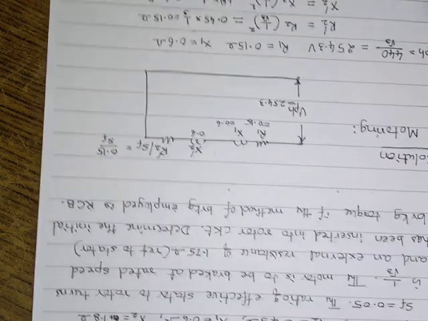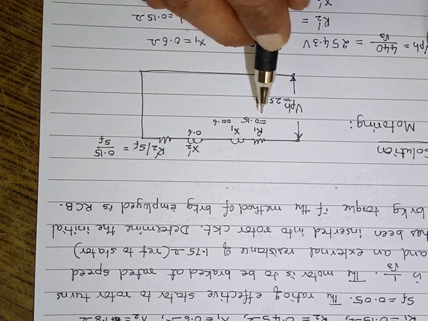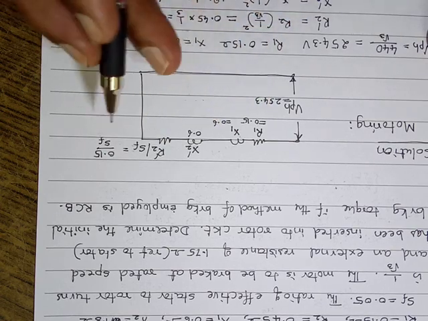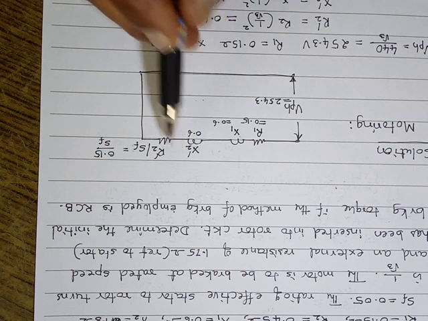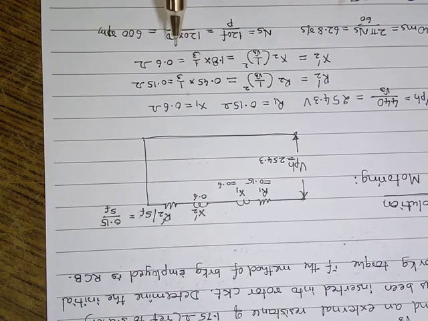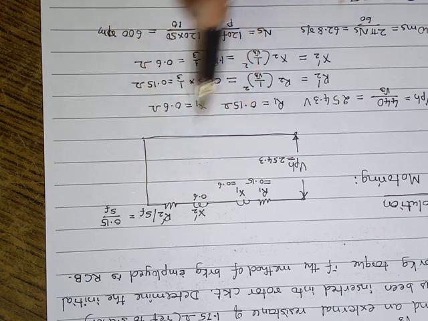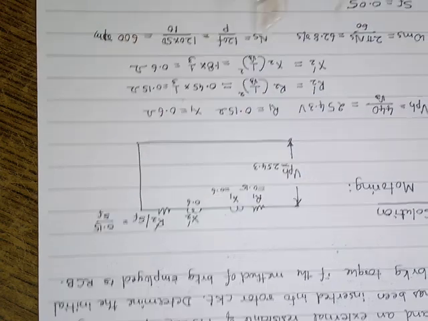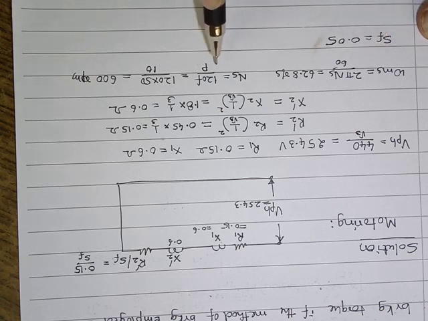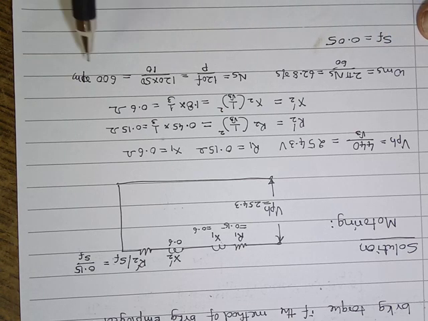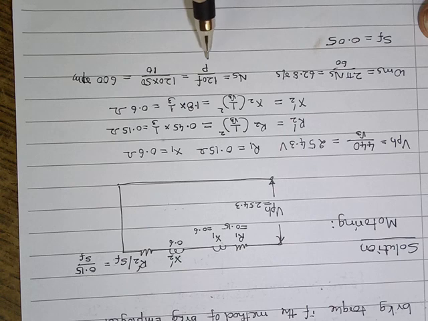So with this, the equivalent circuit will be R1, X1, R2 dash we have got as 0.15 divided by the slip, X2 dash we have got as 0.6. This is the equivalent circuit. And the synchronous speed is Ns equal to 120F by P, 600 rpm, because P is given as 10 and F is given as 50 Hertz.